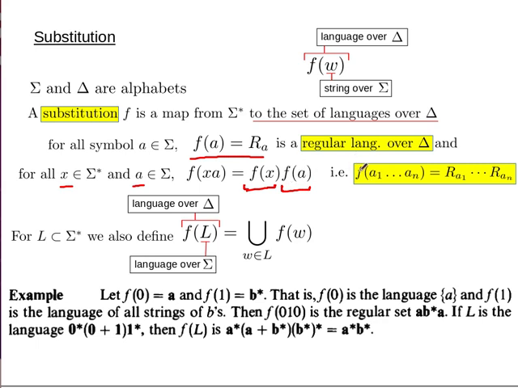So what happens is, if you take f of a1 up to an, where these ai's are symbols coming from sigma, then it's actually f of a1, f of a2, f of a3, f of a4, and what are those? Those are regular languages over this delta. So this is what you have according to this definition.